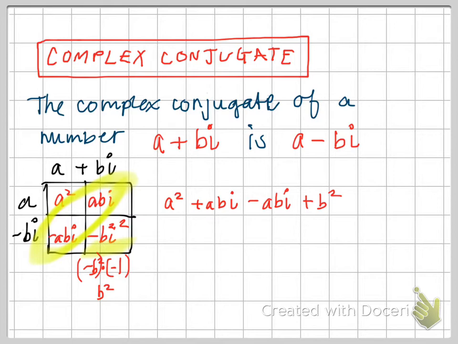So from there, the middle two terms cancel, and I'm left with a squared plus b squared. So it's really nice that when you multiply a number by its conjugate, there's no i in this number. This is a real number. So that's useful to us when we're dividing, because it helps us get rid of a complex number in the denominator of a fraction.